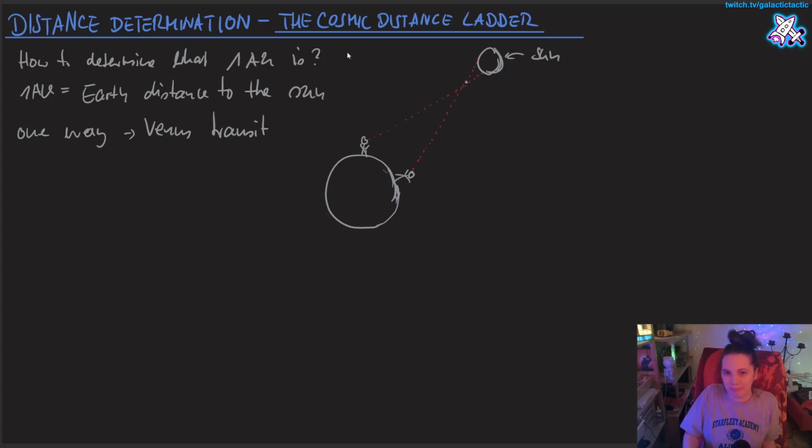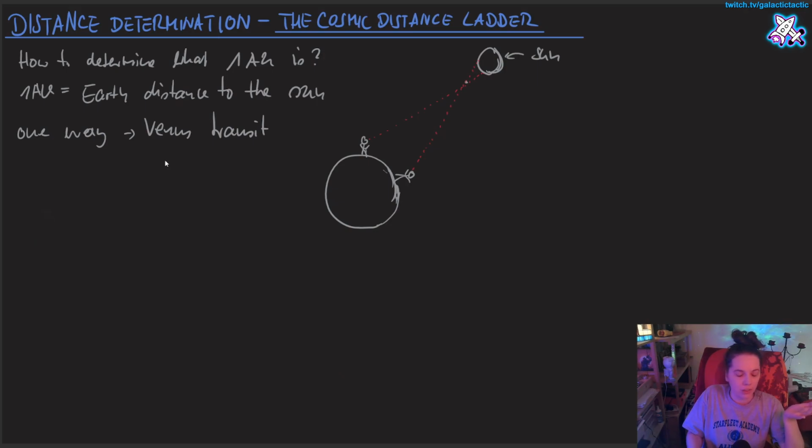So they see it at a slightly different position. That is exaggerated. That is not how it actually is. It's way, way smaller, as you will find out. And they were able to use this to determine the distance to Venus.